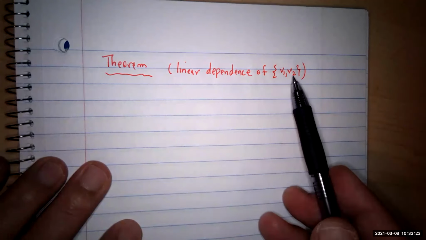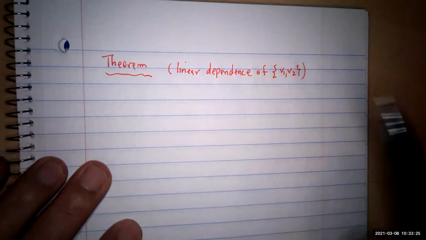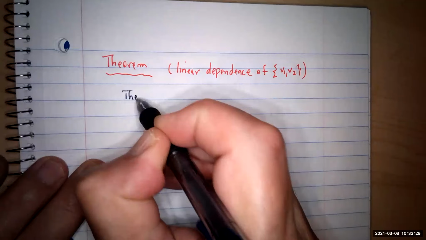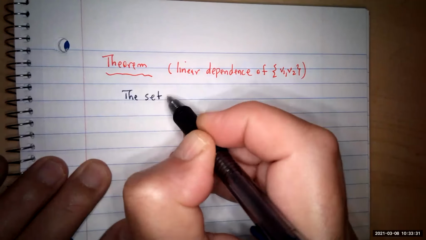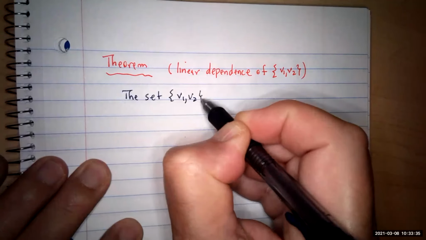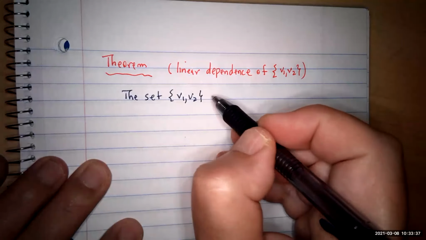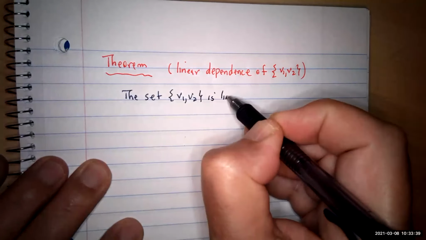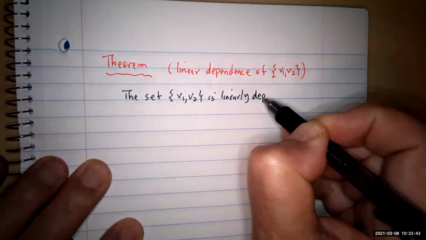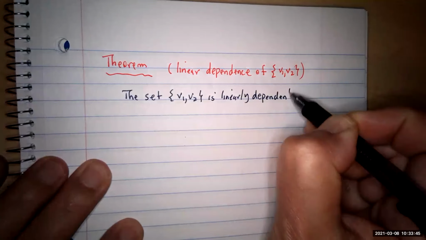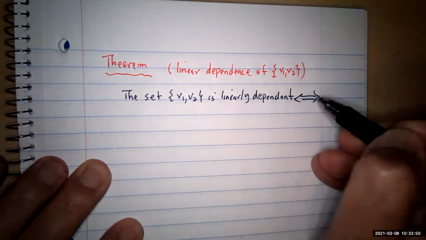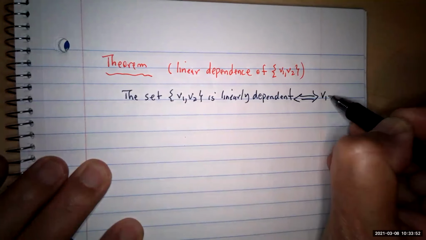So V1 being a linear combination of V2 is just a multiple of V2. So the set of vectors V1, V2 is linearly dependent if and only if one of them is a scalar multiple of the other one.